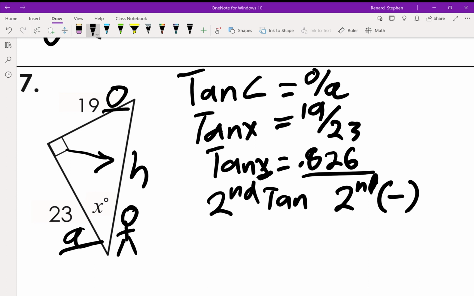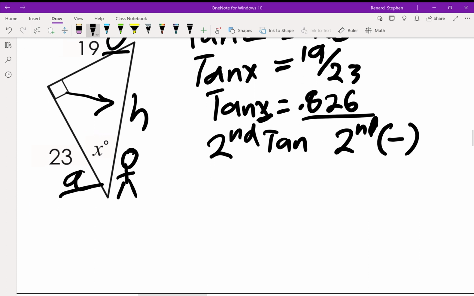And what's going to pop up on your screen is this. Tangent to the -1 answer. You hit enter. And you get 39.55.